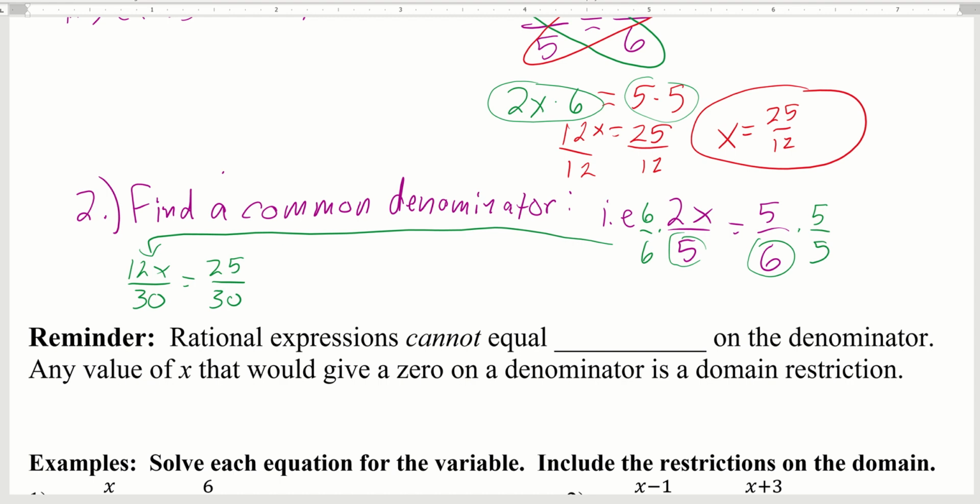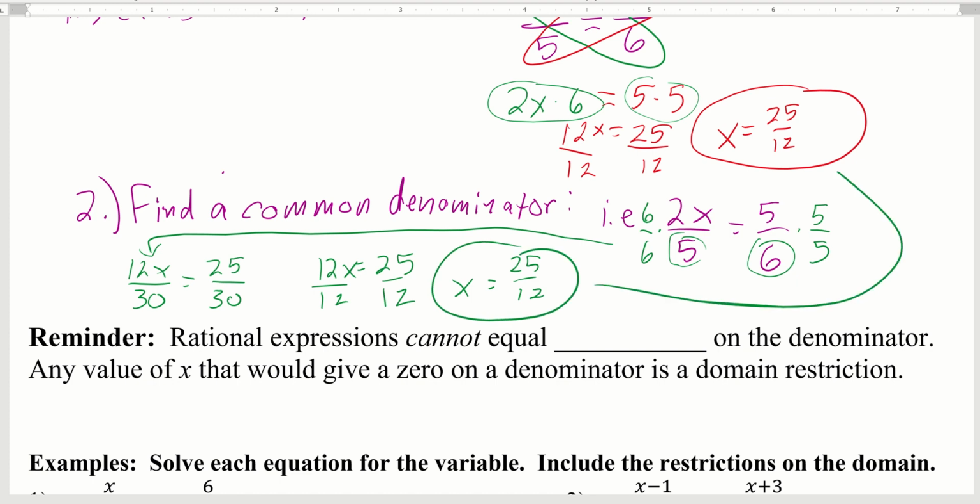So I can pretty much just drop those denominators because we've made them the same. So 12x is equal to 25, divide by 12, and holy smokes, it comes out to be exactly the same thing as this guy. And this is the method that I will be using a lot.